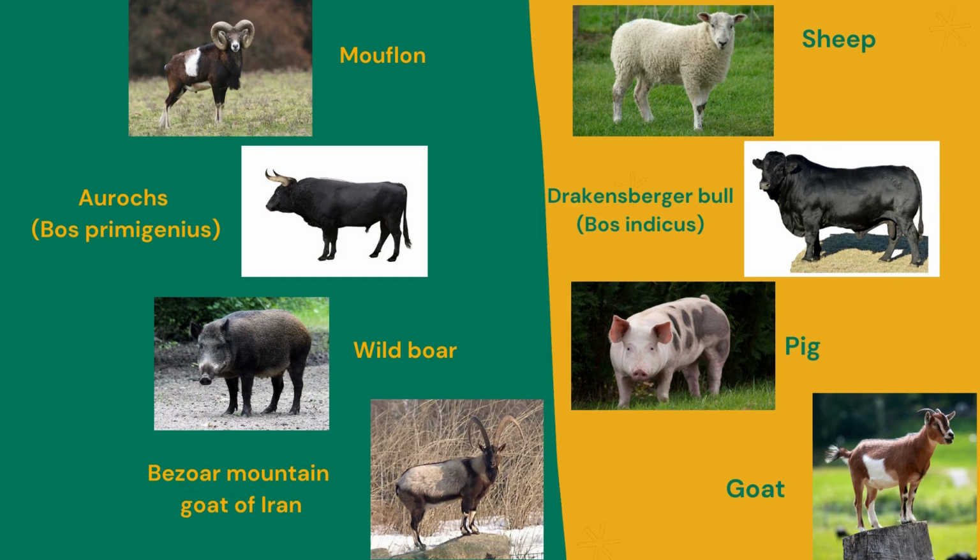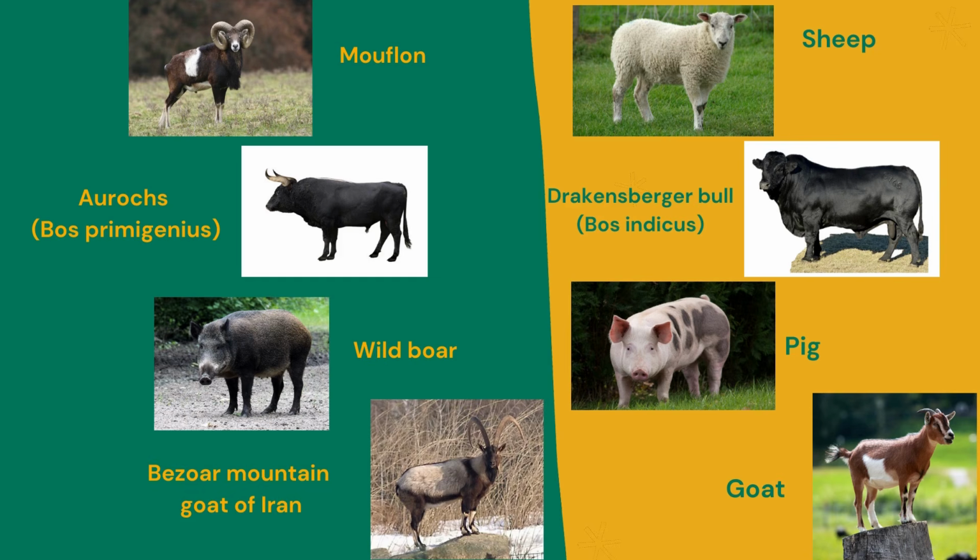If we look at sheep, which is the farm animal that we may be aware of, this animal comes from a mouflon. Then with cattle, on my picture here I've got a Drakensberger bull. Cattle also come from wild animals, as well as pigs.